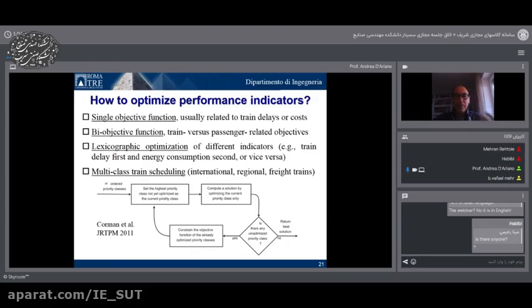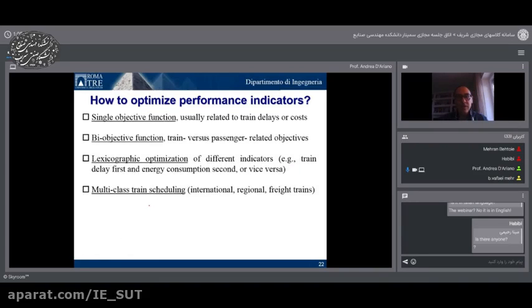Then you can build up your schedule by giving first priority to the international trains. So you first introduce the international trains in the schedule. Then you introduce the regional, and then you introduce the freight. Here I just give you a pointer to a framework that is dealing with this type of problem. And each type of train is a class of train and is a kind of multi-class train scheduling problem.